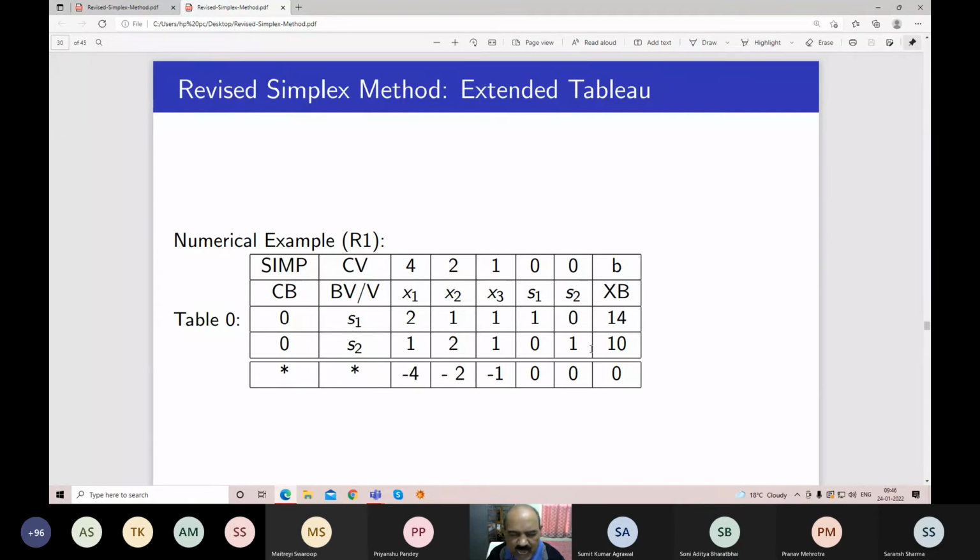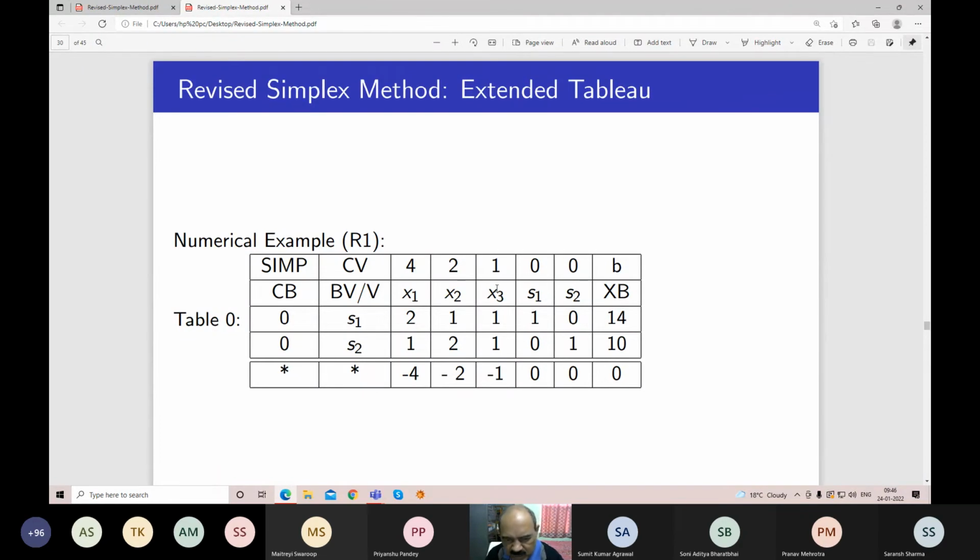Among the 5 variables, 2 variables will be basic variables, and the complement, whatever is left out, is the non-basic variables. Presently, S1 and S2 are the basic variables, and the rest are non-basic variables.